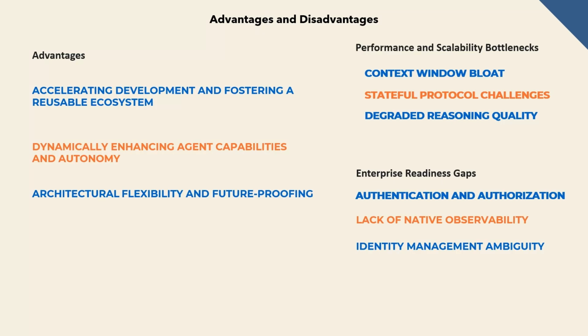This identity ambiguity creates compliance nightmares for SOC2, HIPAA or GDPR. You need clear answers about delegation, consent, and accountability that MCP doesn't natively provide. So these are the basic disadvantages.